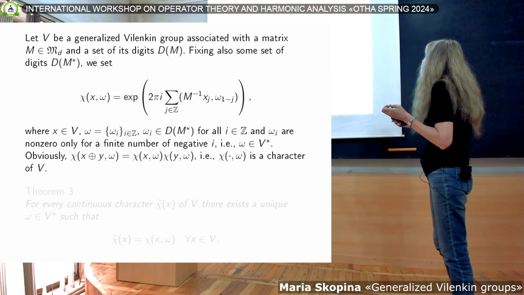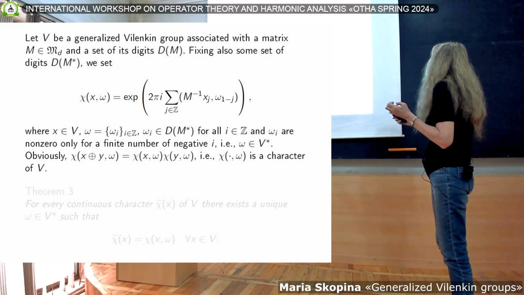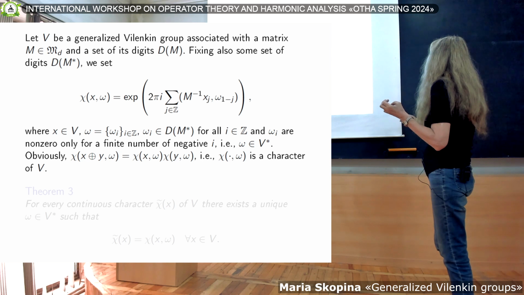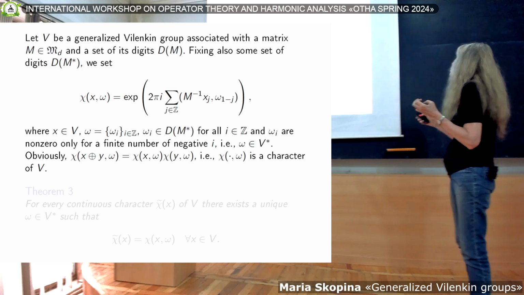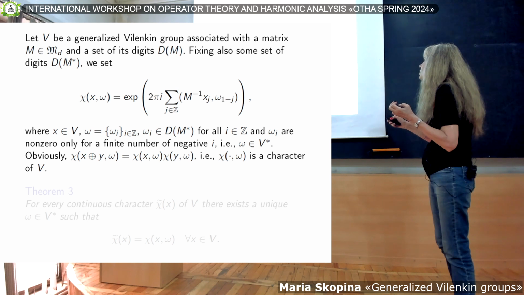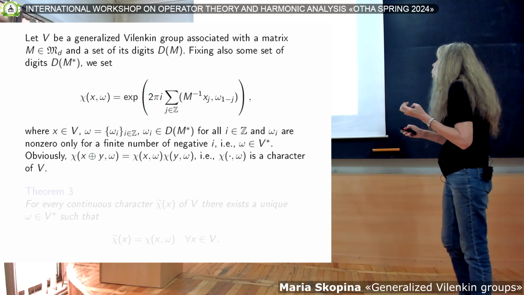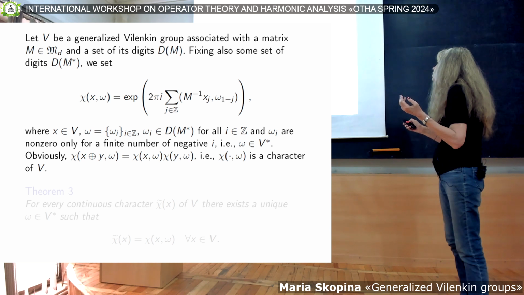The components of omega are digits of the matrix M star, and the omega_j are non-zero only for a finite number of negative indices. This means that omega belongs to the generalized Vilenkin group for matrix M star, V star. If we look at this formula, it is easy to see this. Hence, this is a character.